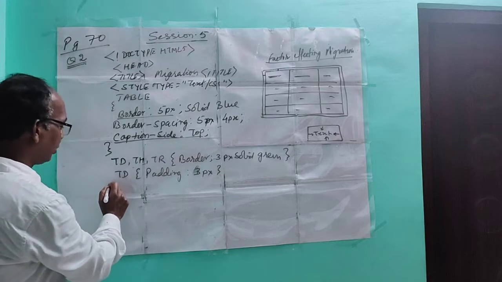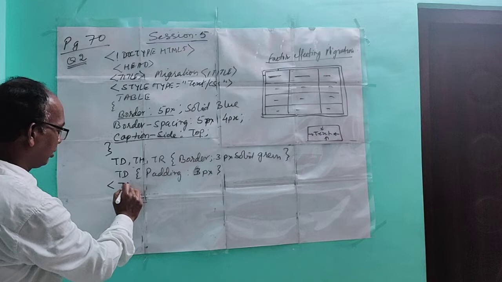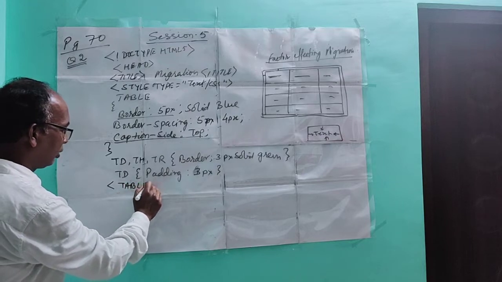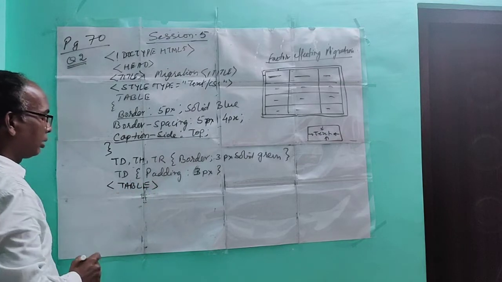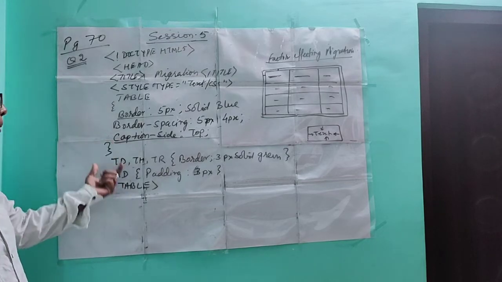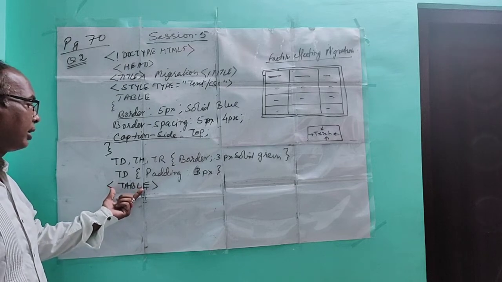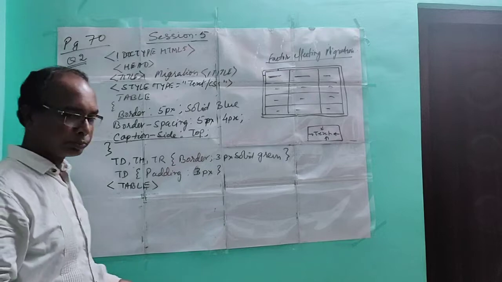After that, you have to use table. So here see, to start to create a table under HTML documents, the first tag that we use is table. Okay.